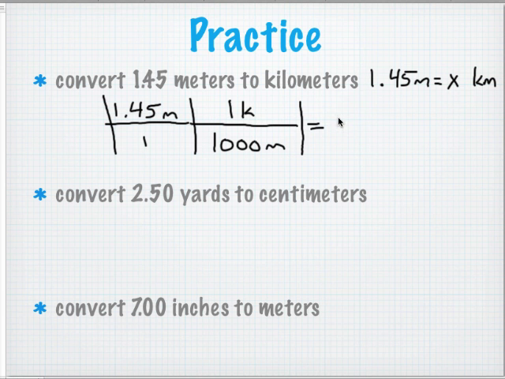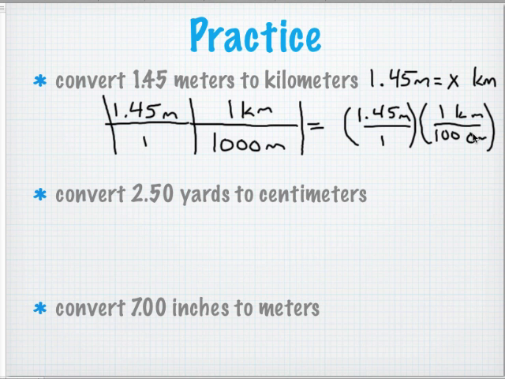So we're going to treat this just like you were multiplying 2 fractions. If this were 1.45 meters over 1 times 1 kilometer over 1,000 meters, how do you solve this problem when it looks like this?